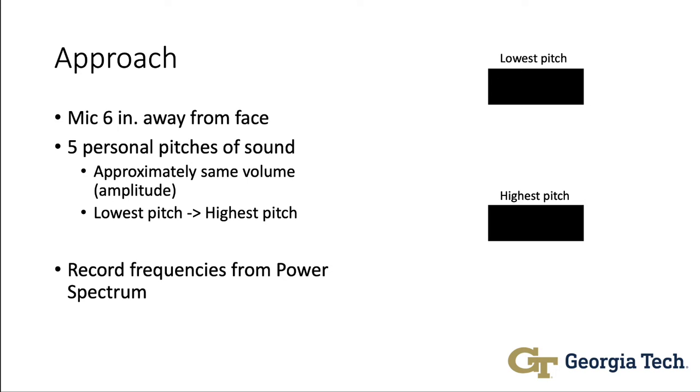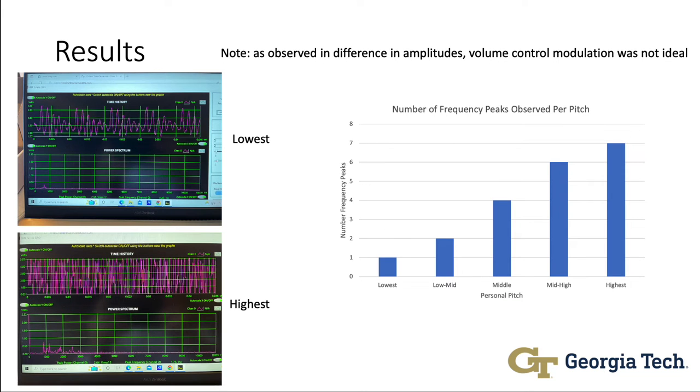I recorded the frequencies that I got from the power spectrum from these sounds, and these are my results. As you can see in this top graph, this was from the lowest pitch that I could muster. I had only one peak of about 700 hertz, and in my highest, on the bottom, you can see I had like 7 peaks, the highest of which got to about 2900 hertz.